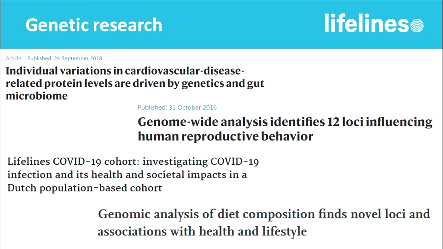Another one was about human reproductive behavior and genetics. Third one was already with the COVID data that we've collected over the past year in combination with genetics. And of course also health and lifestyle, and for example nutrition and diet are very interesting topics to combine with on one hand the genetic data, but also of course the microbiome data.